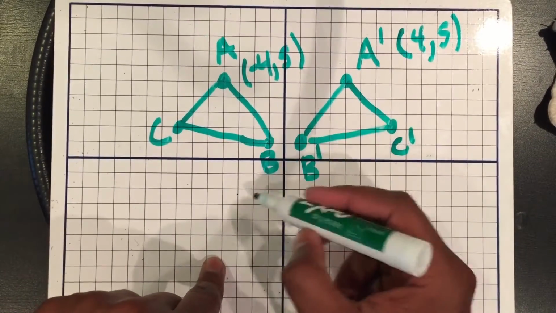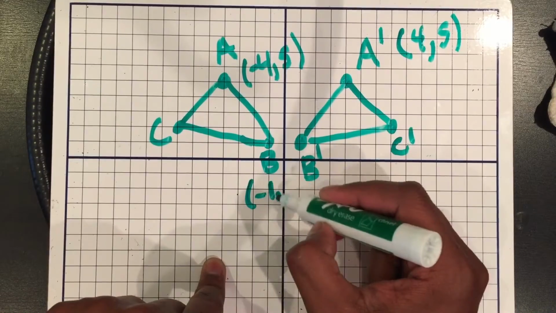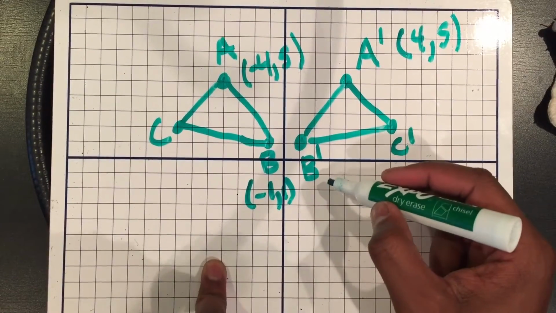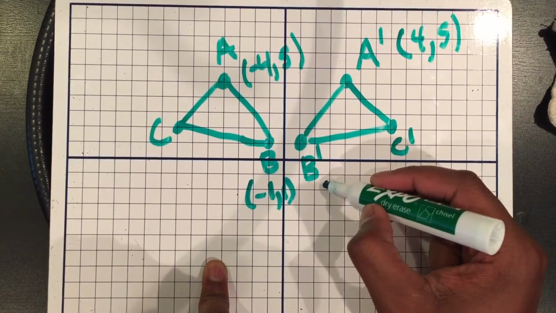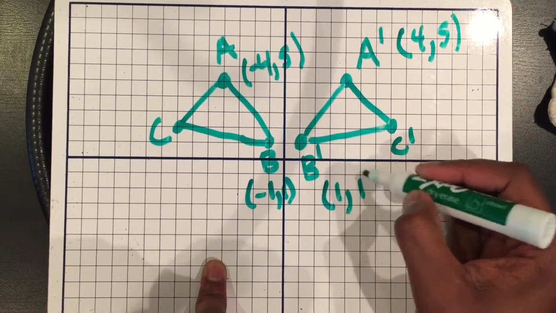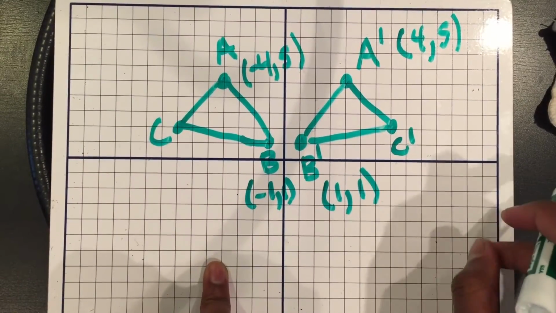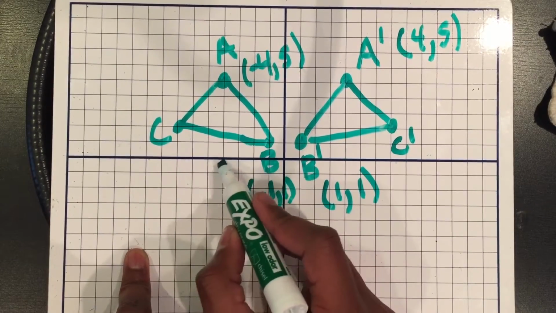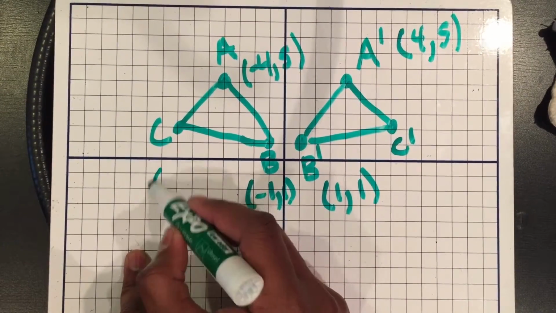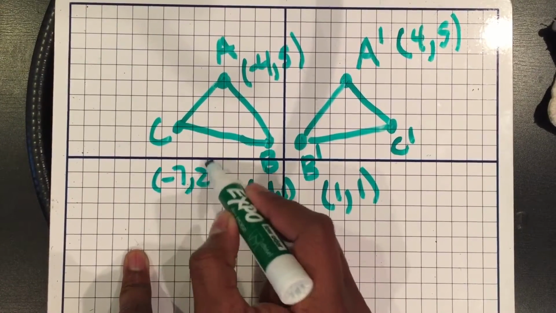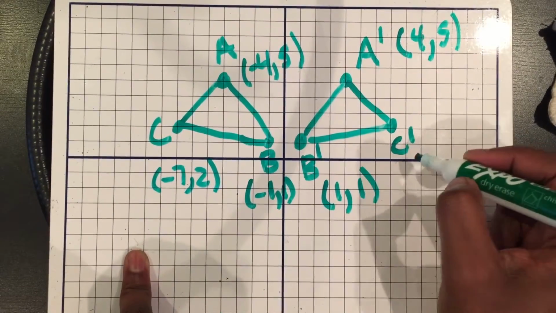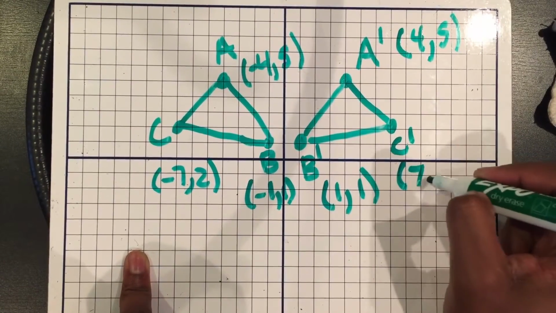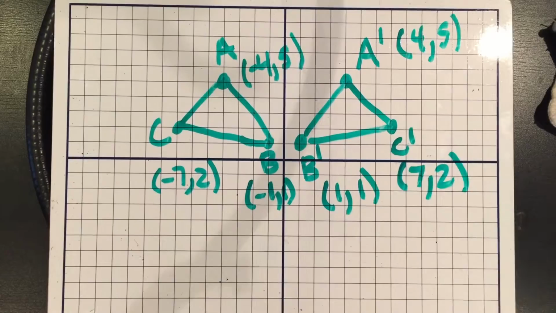We look at coordinate B, its coordinate is -1, +1. B prime is +1, +1. Coordinate C is -7, +2, and C prime is +7, +2.